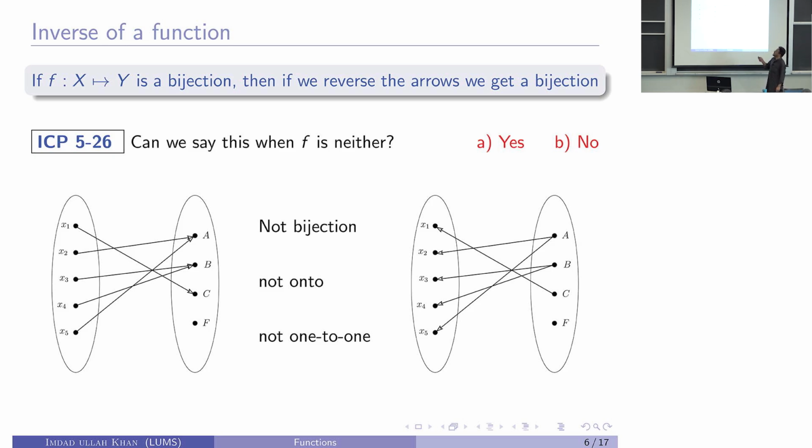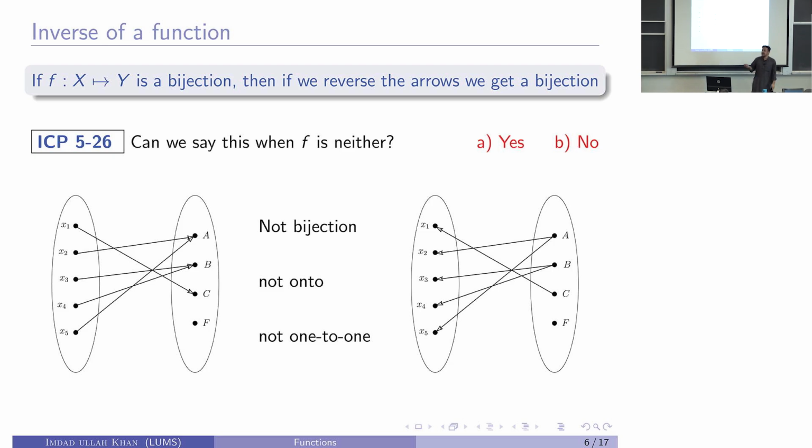Do you see this sentence? You understand that? If a function is a bijection and I reverse the arrow, I will get a bijection. The reversed arrow thing will be a new function, let us call it g. The g will be a bijection, right?